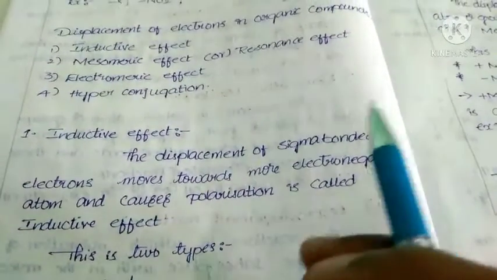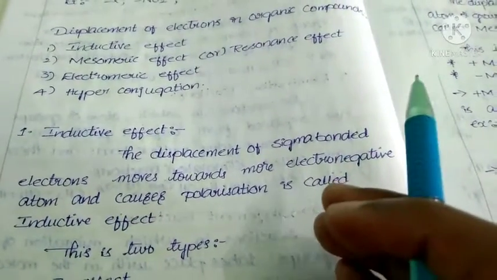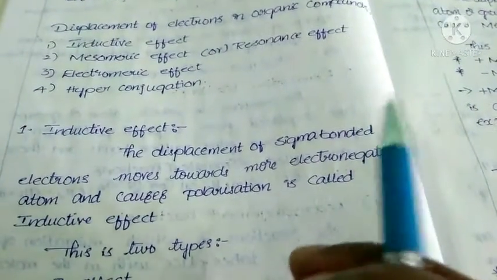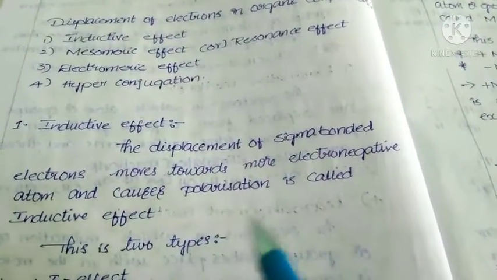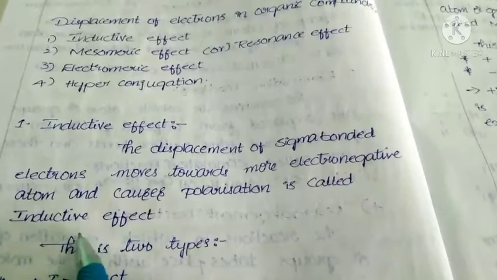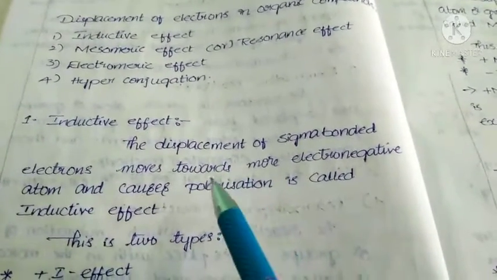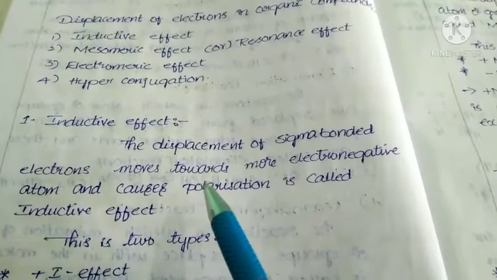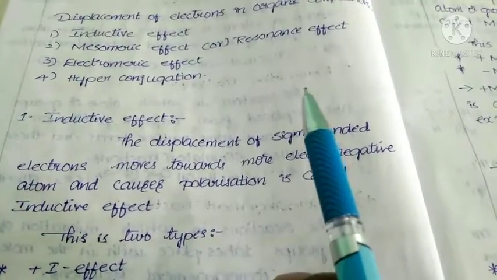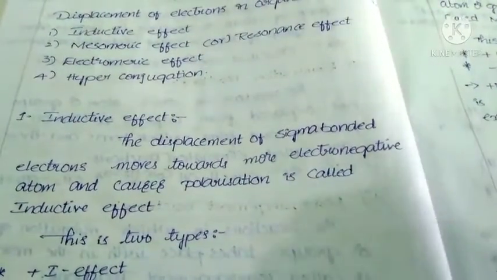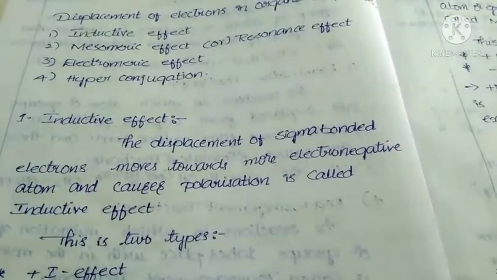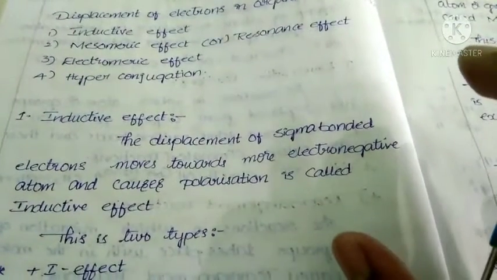Polarization means both positive and negative charges are present in a molecule. That is called polarization, and that is called inductive effect. That means due to transfer of sigma bond electrons towards the more electronegative atom in a given organic compound, polarization is caused. That is called inductive effect.